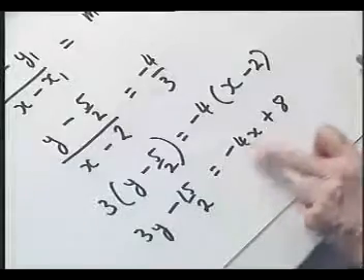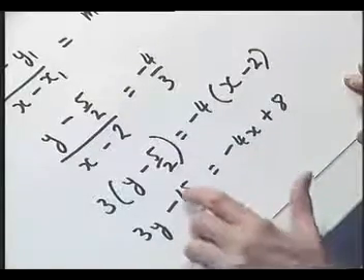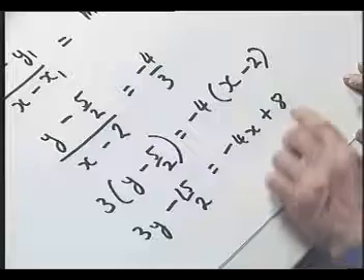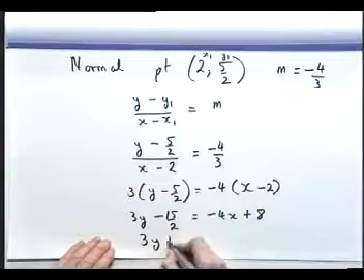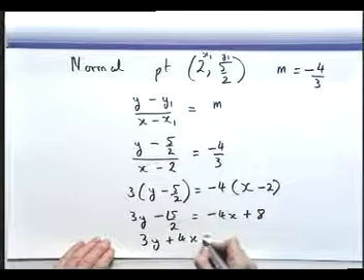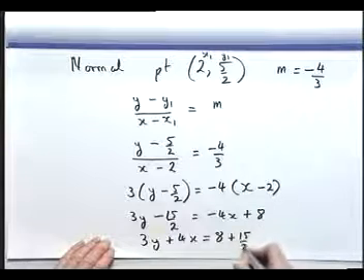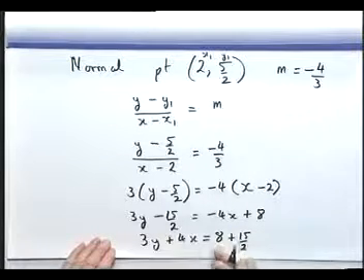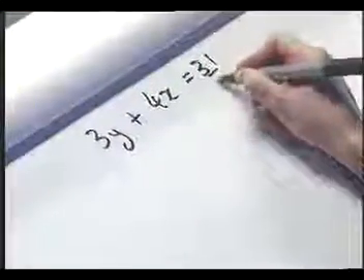It's awkward having this -4x here, so we'll add 4x to each side, and we'll add 15 over 2 to each side. So we'll have 3y plus 4x is equal to 8 plus 15 over 2. Now 8 is 16 over 2, so here I'll have 31 over 2. So we'll have 3y plus 4x is 31 over 2.